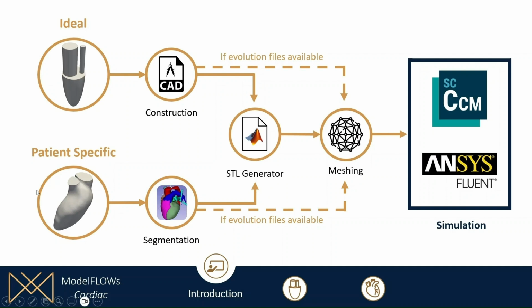On the other hand, we also may have some more patient-specific, more realistic geometries, which we need to segment and prepare for the following meshing and simulation. And in both cases, if you have the evolution of the STL files or of the geometry, you can directly go to the meshing and then do the simulations.